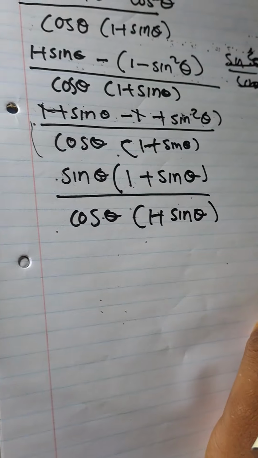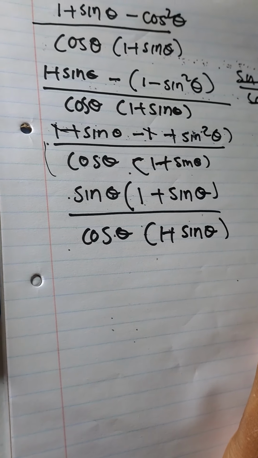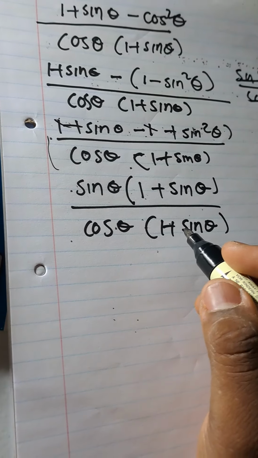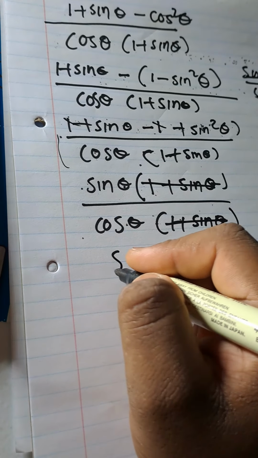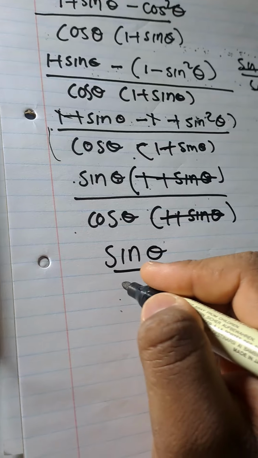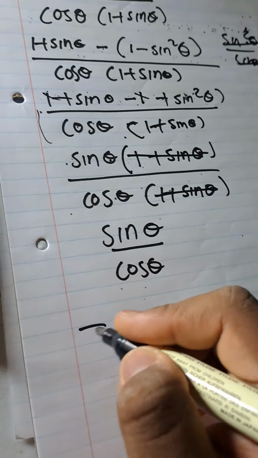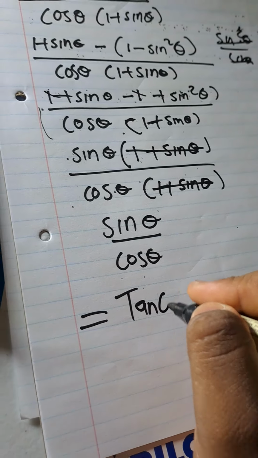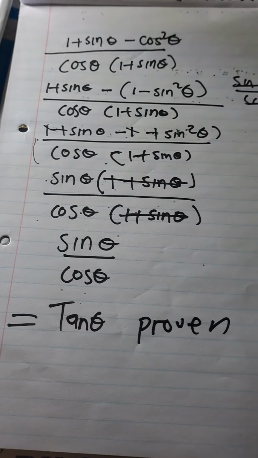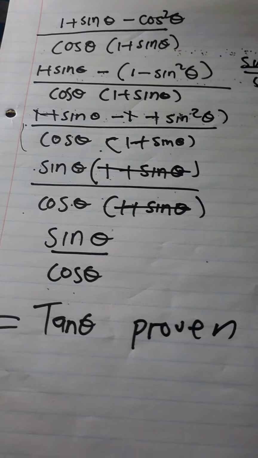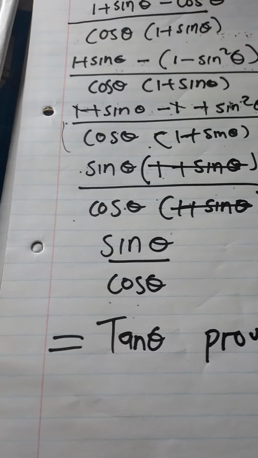When you are at this point, you start to become happy because you are now seeing that your ways are opening. So that's when I can say this one divided by this. So I'm left with sine theta over cos theta, which is equal to tan theta. Proven. You're done. As long as you know your identities, you can do everything.